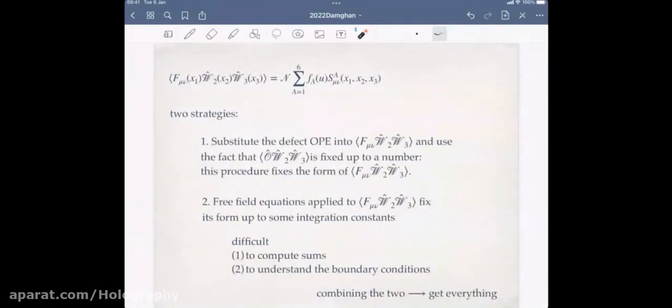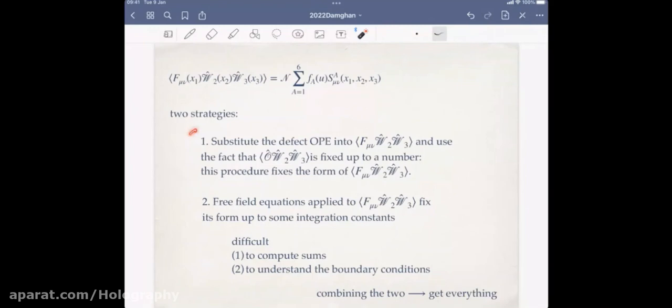Well, I gave you a way of decomposing F into boundary operators. So you could just substitute that defect OPE into this. And now I have 3-point functions that involve 3 defect operators. Those are fixed up to numbers in the usual way they are in conformal field theory.